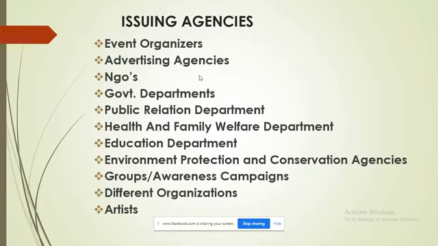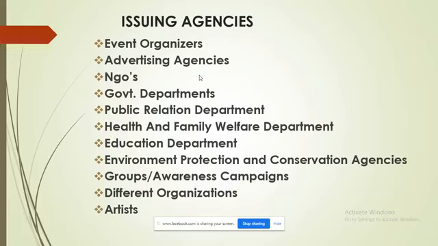NGOs for showing their programs. Government departments to inform and appeal to the public. Public relation department, Health and Family Welfare Department, Education Department, Environment Protection and Conservation Agencies, group awareness campaigns, and other than these, different organizations and artists also issue posters.